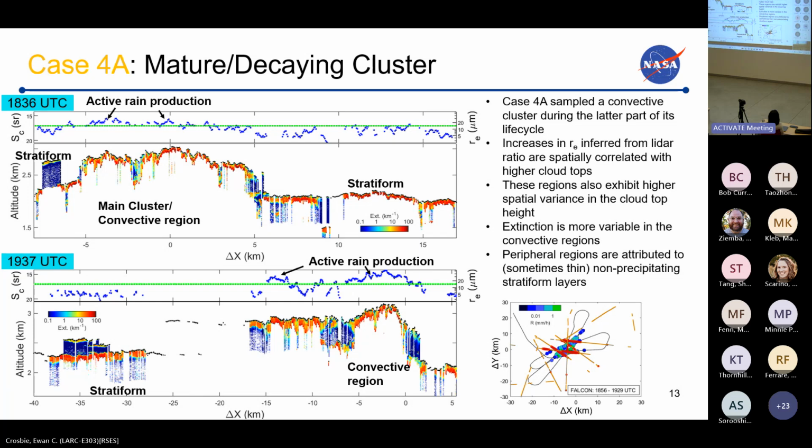And if you match it up with where we saw in situ subcloud rain rates, the red regions are where you've got a LiDAR indication of rain, and the gold colors represent the Falcon rain rates. So I think that was a pretty exciting comparison there.